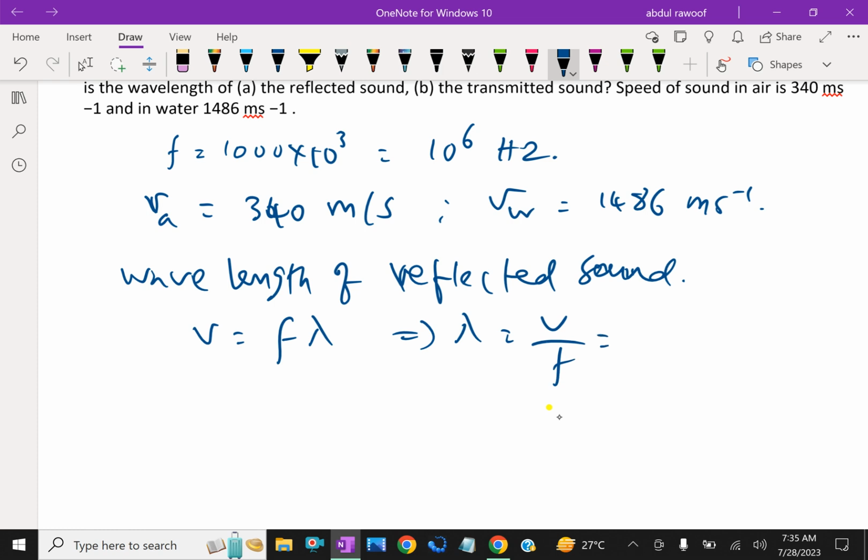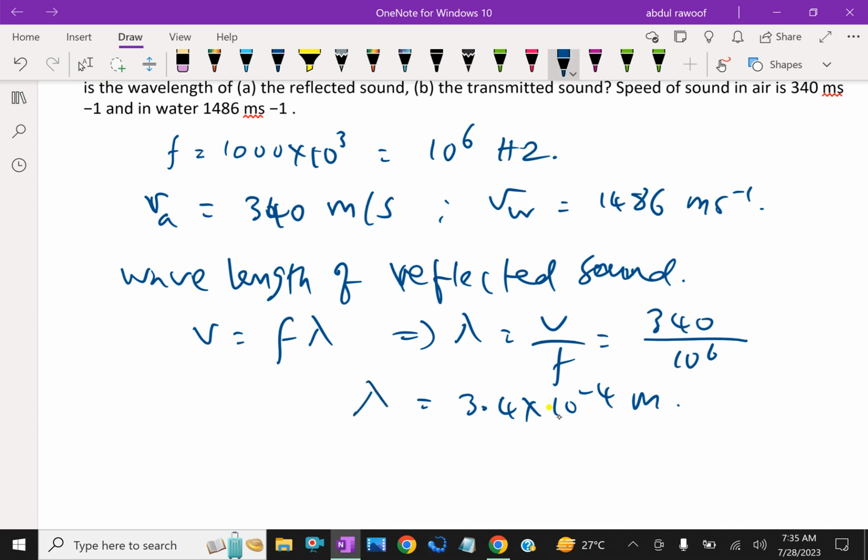V is velocity of the sound in the air, 340, over frequency 10 power 6, which gives 3.4 into 10 raised to minus 4 meter. This is the lambda.